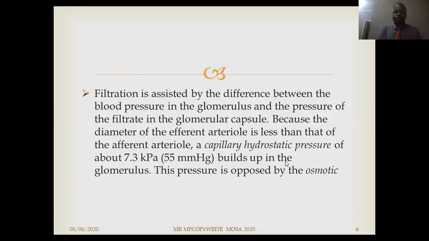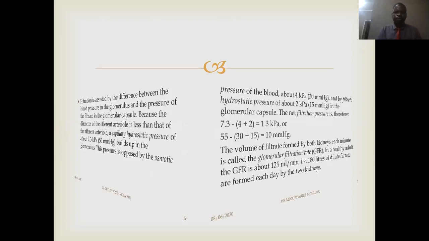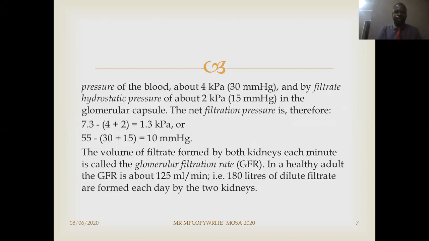So we're saying the filtration that takes place in the glomerular capsule is due to the pressure difference between the glomerulus and the glomerular capsule, and this pressure of about 55 millimeters of mercury builds up in the glomerulus. The osmotic pressure of the blood is about 30 millimeters of mercury, and the filtrate hydrostatic pressure is about 2 kPa, which is 15 millimeters of mercury, in the glomerular capsule.